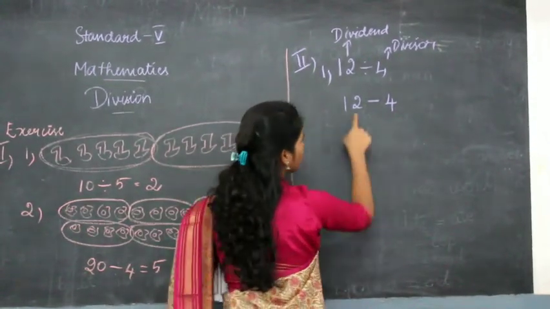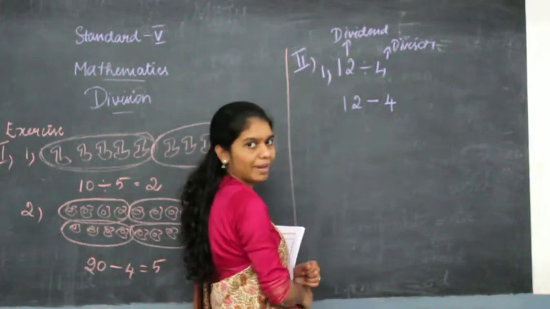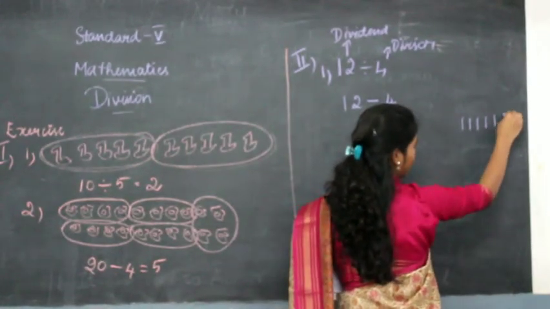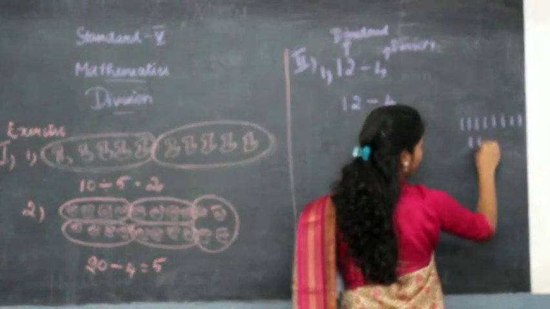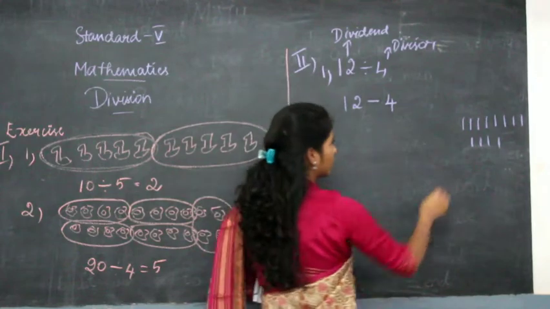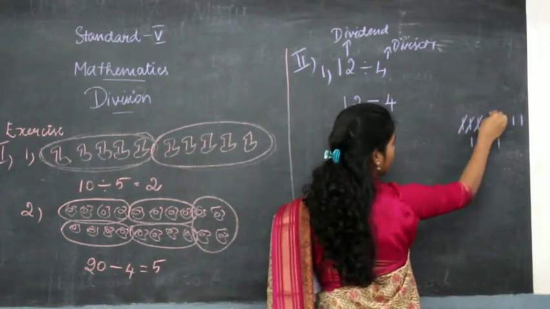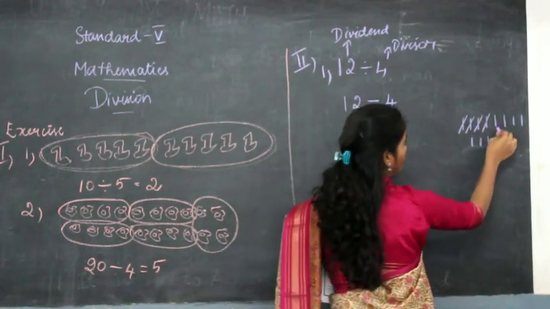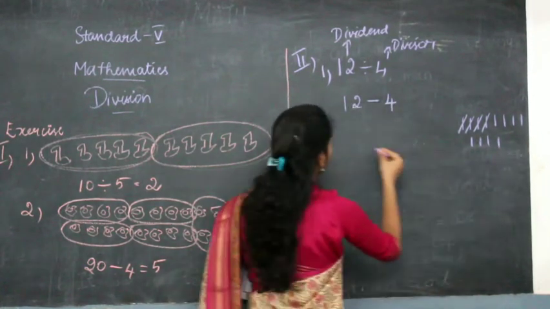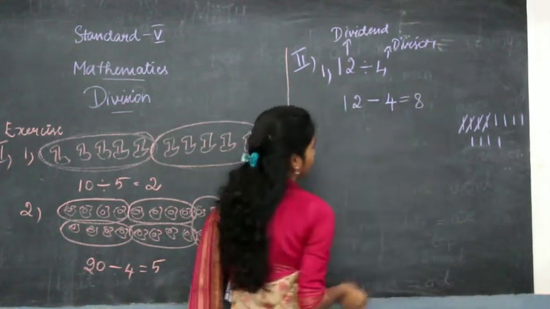So you have 12 and you have to subtract 4 from it. 1, 2, 3, 4, 5, 6, 7, 8, 9, 10, 11, 12. Subtract 4: 1, 2, 3, 4. 4 is gone, so now 1, 2, 3, 4, 5, 6, 7, 8. You got 8.